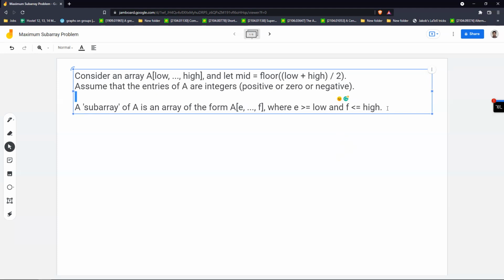Alright. So what is the maximum subarray problem? The maximum subarray problem says the following.